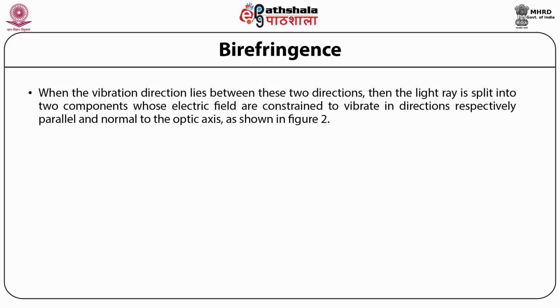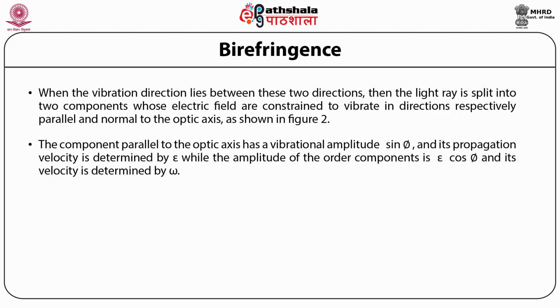When the vibration direction lies between these two directions, then the light ray is split into two components whose electric fields are constrained to vibrate in directions respectively parallel and normal to the optic axis, as shown in figure 2. The component parallel to the optic axis has a vibrational amplitude sin phi, and its propagation velocity is determined by epsilon, while the amplitude of the other component is cos phi and its velocity is determined by omega.